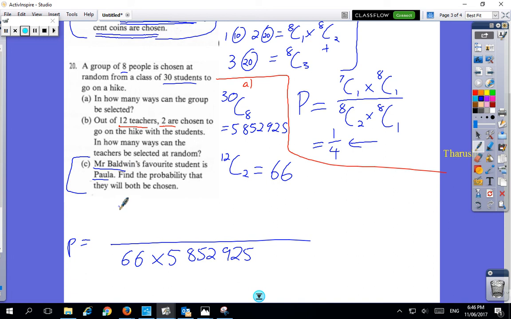So we've used up a teacher, we've got 11 teachers left, and we've used up a slot for that teacher to go on the hike, so there's only one slot left. And we're going to combine that with, now I've used up a student, so 29 students are left and 7 slots are left. And if you just whack this whole ugly thing into your calculator, it simplifies to quite a nice answer. Okay, I hope that was helpful.